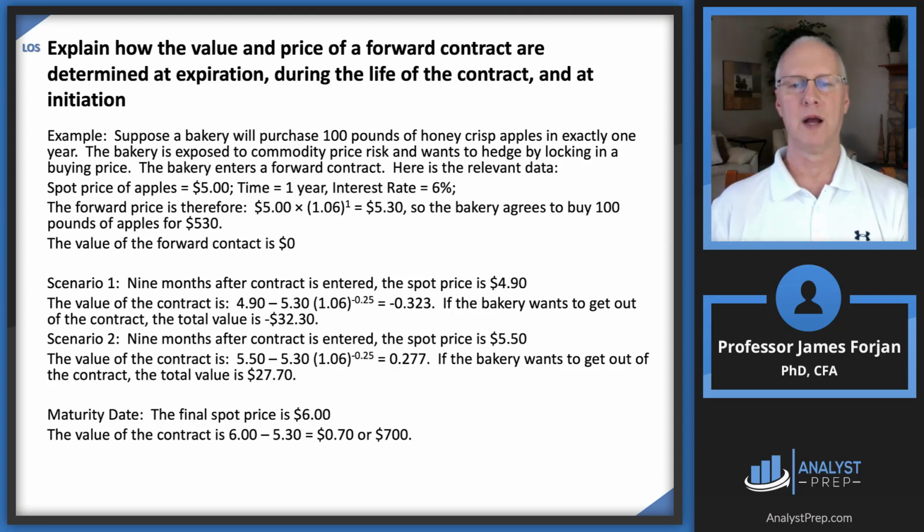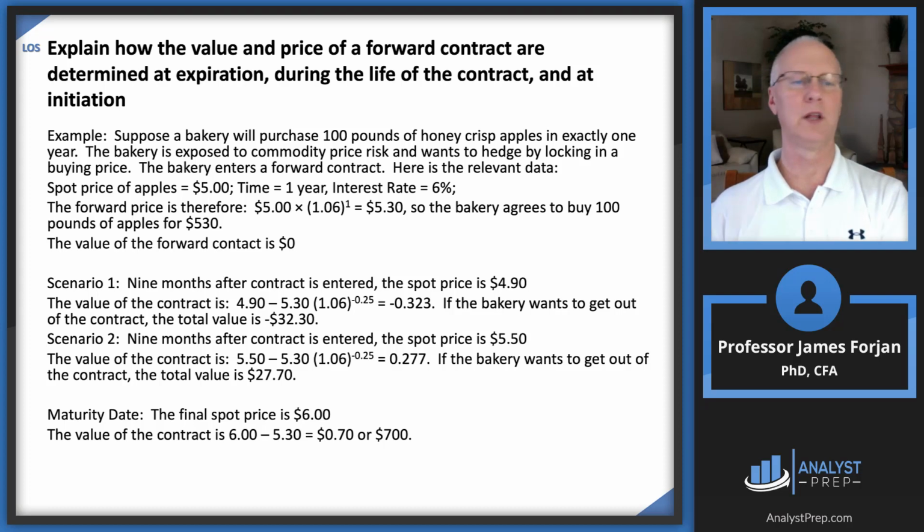So that gives you a minus 323, and for 100 pounds, the value of that contract is $32.30. So if the bakery wants to get out of that contract, he or she will have to pay that $32.30 because the price has moved against him or her in the derivative market.